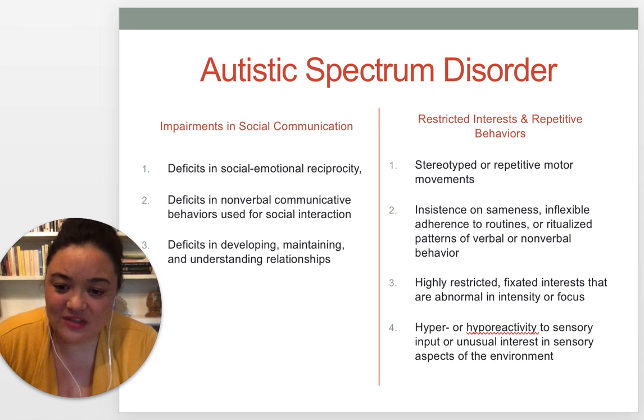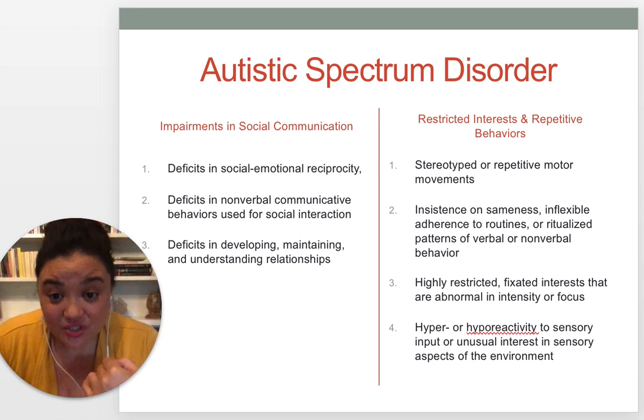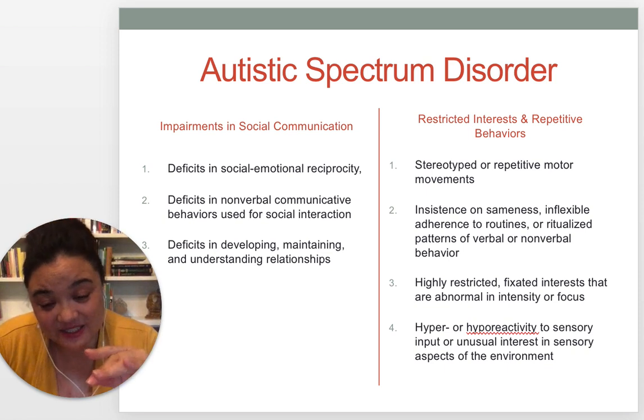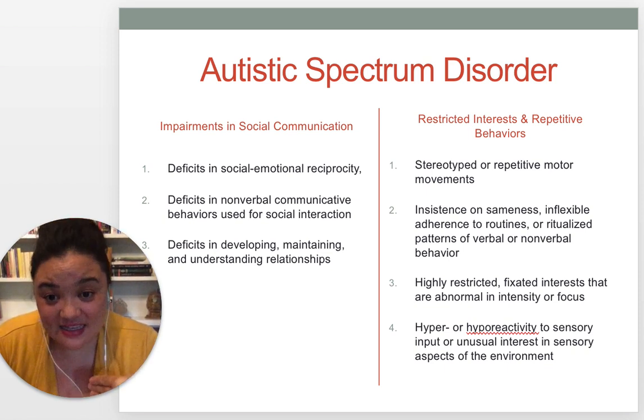So let's talk about this hyper or hypo reactivity. So if you think about your different sensory sensations, right? We have olfactory, we have auditory, we have tactile, right? We have taste. So we have a bunch of senses.